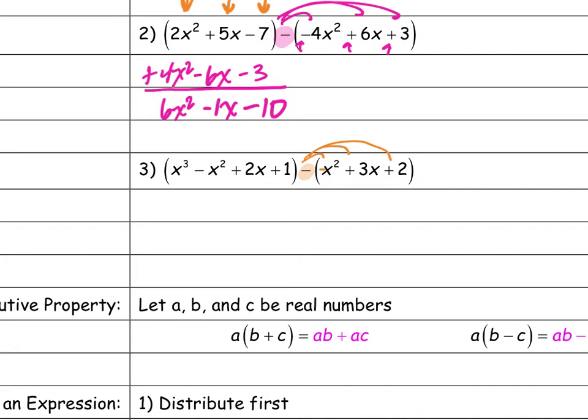So it changes this one to a minus, this one to a minus, and this one to a minus. So this is negative x squared minus 3x minus 2. And I add that all together and I get x cubed minus 2x squared minus x minus 1. And there's your answer for that one.